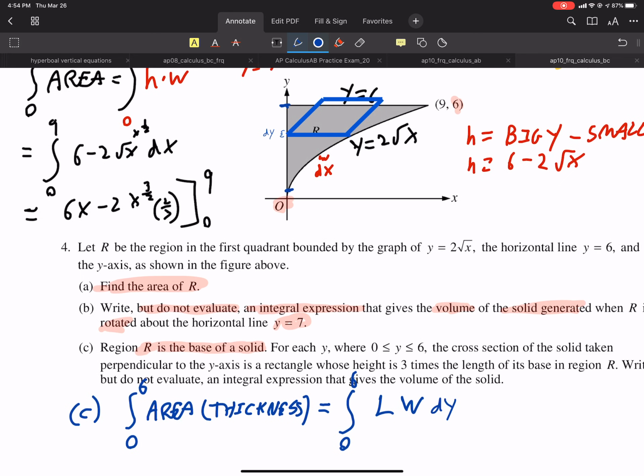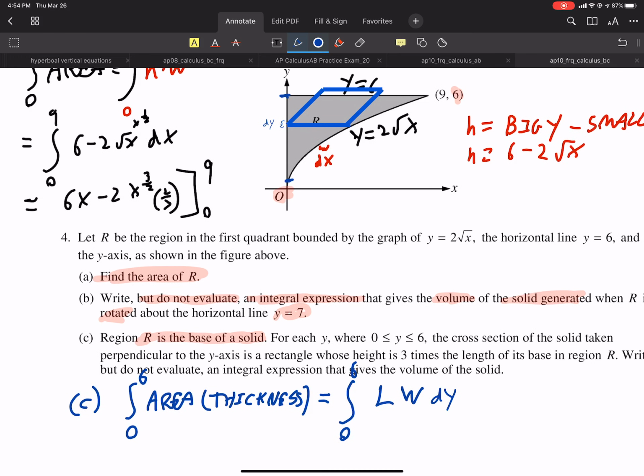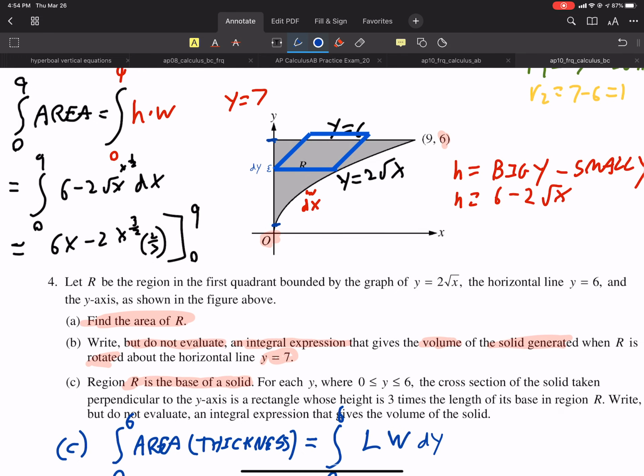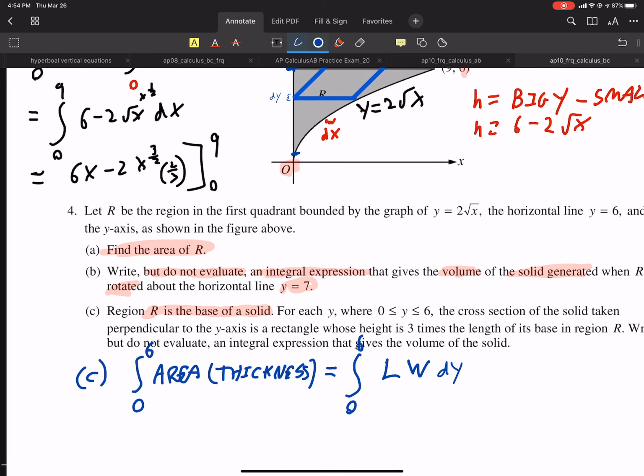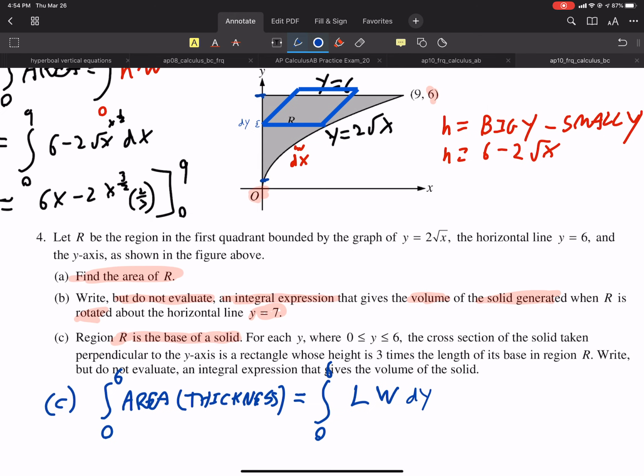So length and width, actually let's do base times height. I think that'll make sense, but that h was used before. We'll do length and width. So we'll call this the length of the rectangle, and that's the width. You can switch those if you want. It doesn't matter.